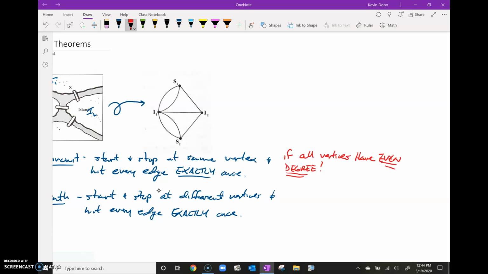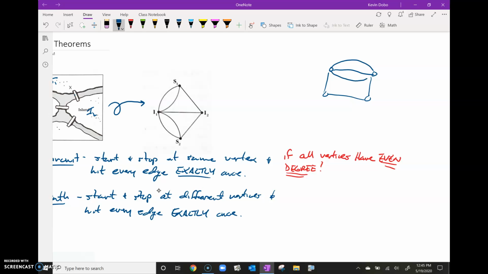And that makes sense. I'm going to draw a quick graph here that has an Euler circuit. So here's a graph, and we'll put a double edge here, and do another double edge. There we go.